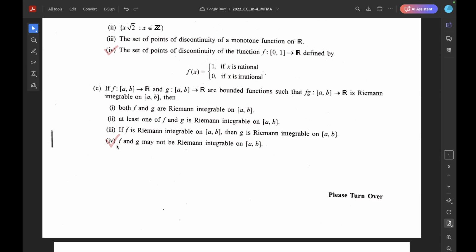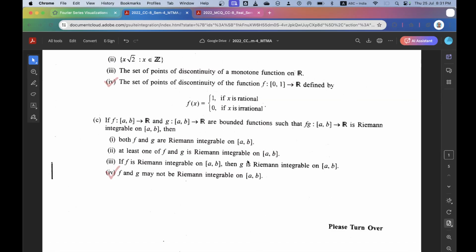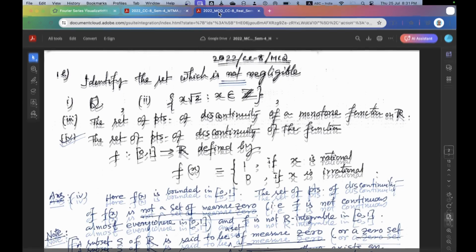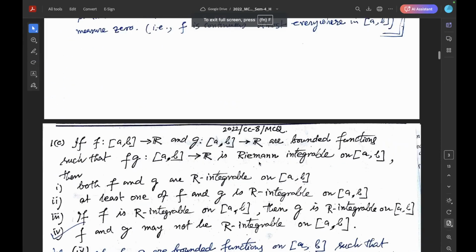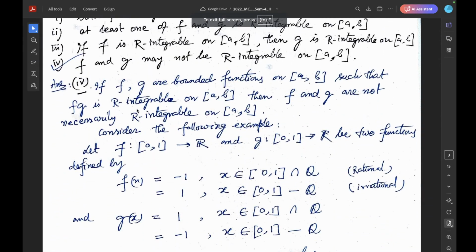Then the correct option 4: f and g may not be Riemann integrable on [a,b]. If f and g are bounded functions on [a,b] such that the product fg is Riemann integrable, then f and g are not necessarily Riemann integrable on [a,b].